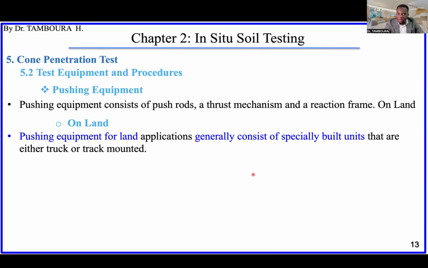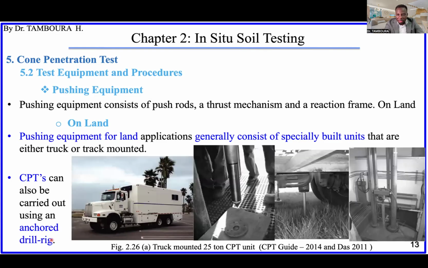Sometimes they are truck mounted. CPTs can also be carried out using drills, an anchored drill rig. An example is here. You can see this truck is specially made for CPT. And inside the truck, you can see this hole here.